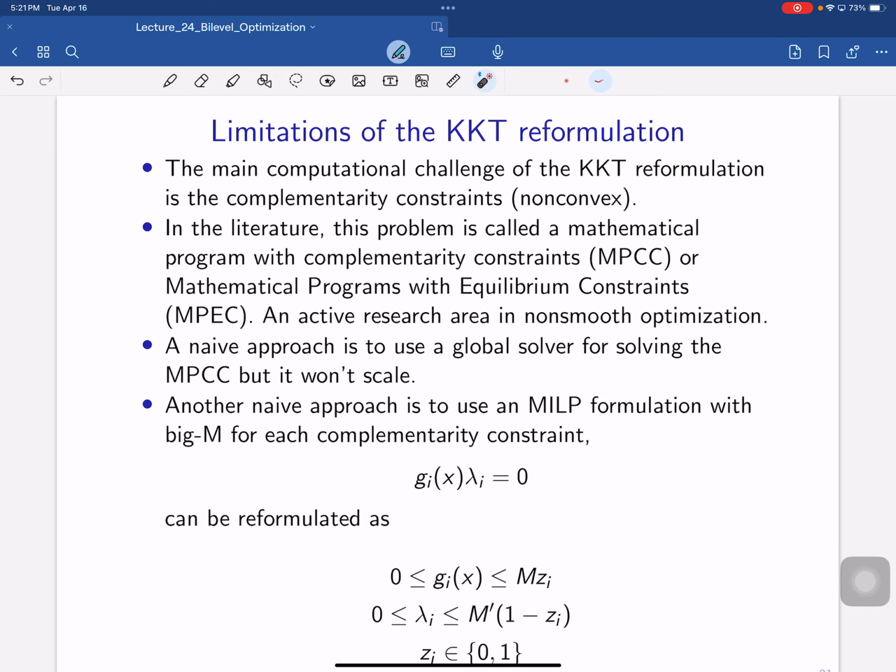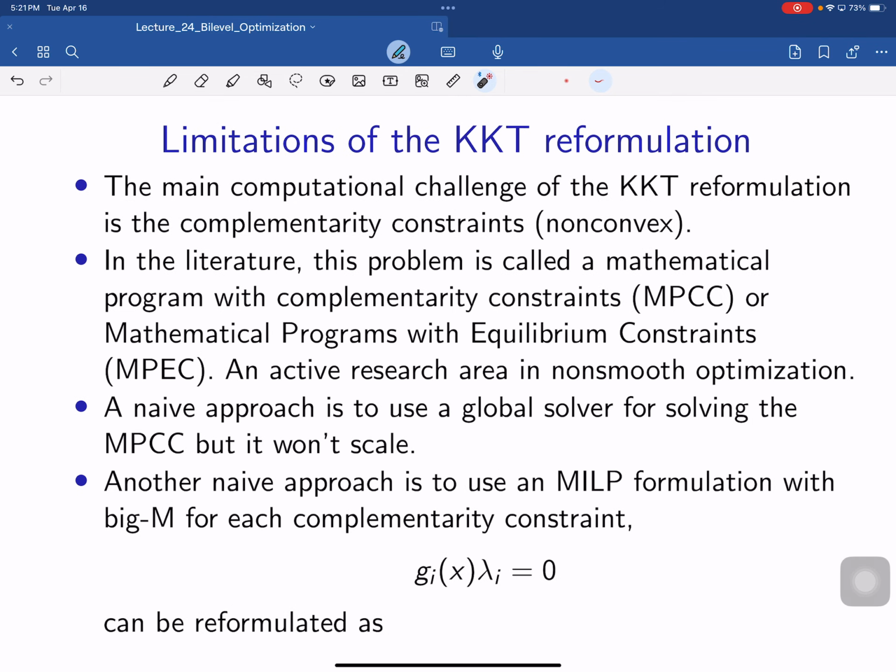So in the literature, this type of problem is called a mathematical program with complementarity constraints. Basically, you have two variables, x times y, and x times y has to be equal to 0. So you can think about x and y as complementary to each other. In the literature, you will find people call this type of problem MPCC. Some people call it MPEC, mathematical programs with equilibrium constraints, right?